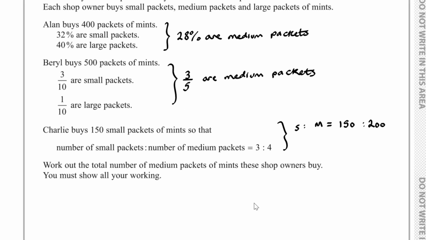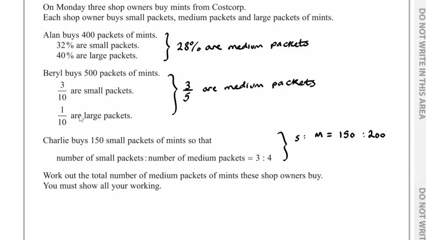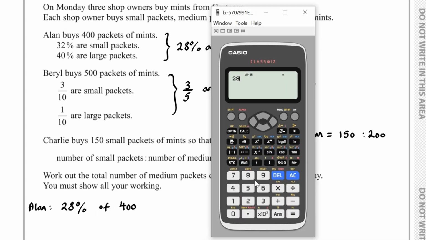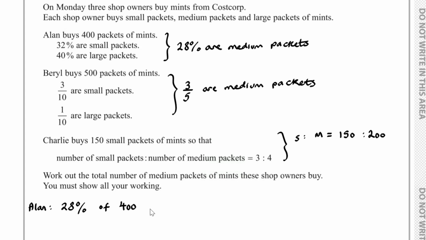So if we consider Alan, the number of medium Alan has is 28% of the 400. So if we work this out, 28 divided by 100 multiplied by 400, turns out we get 112. So Alan has 112 medium.